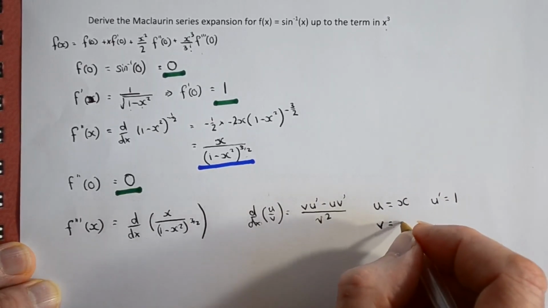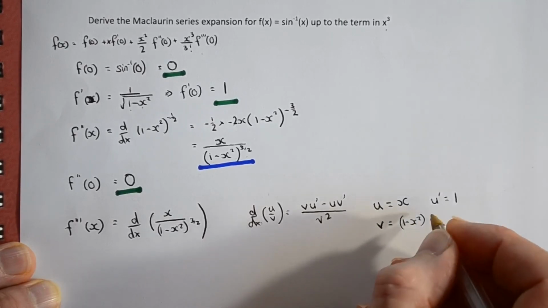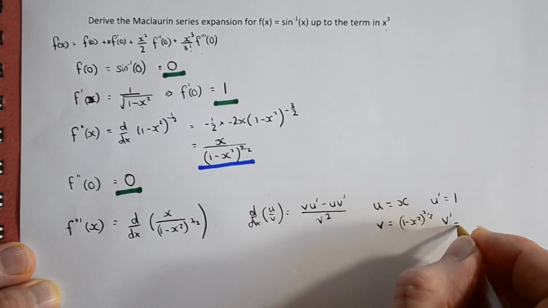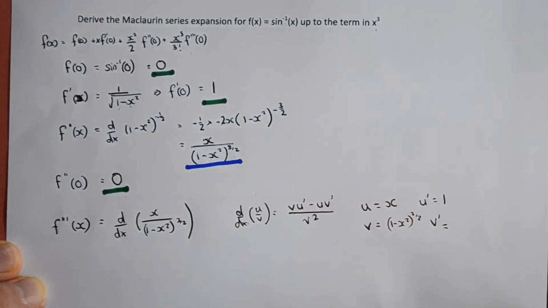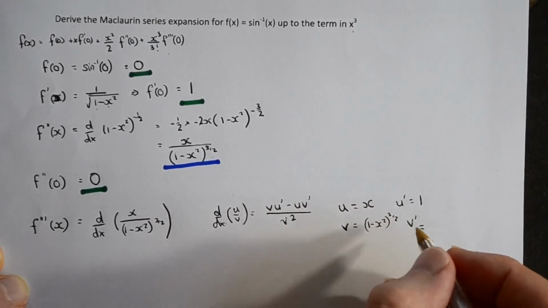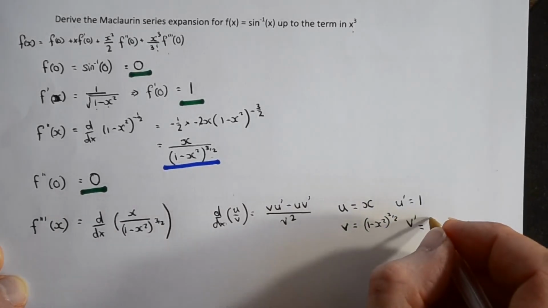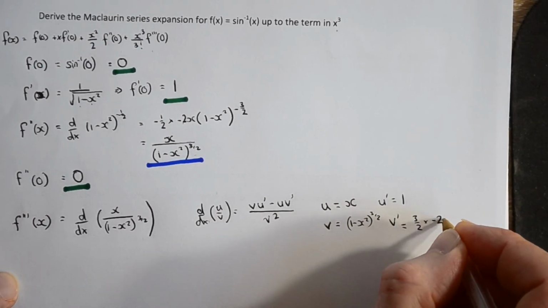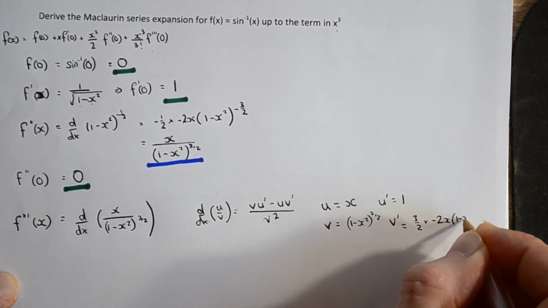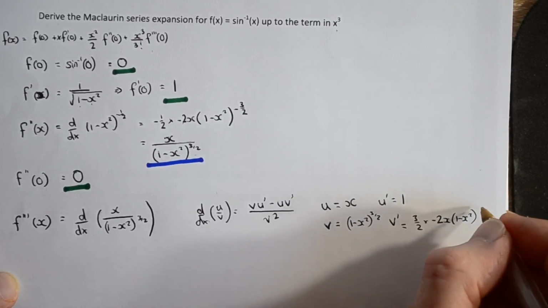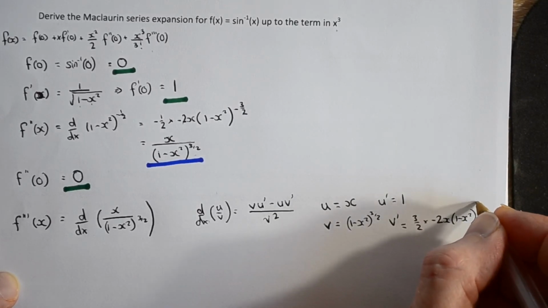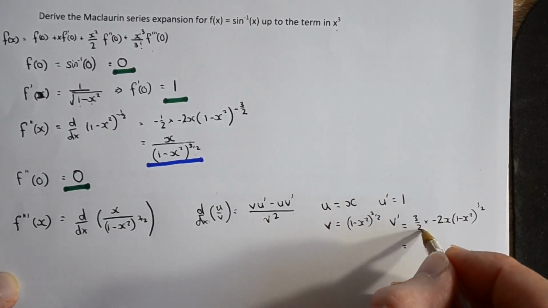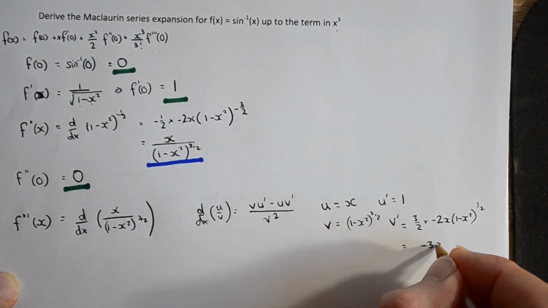The denominator is the bracket, and so the differential equals, times by the power, times by the differential of the bracket, times by the bracket, and reduce the power by 1. So the 2's cancel out, gives us minus 3x.